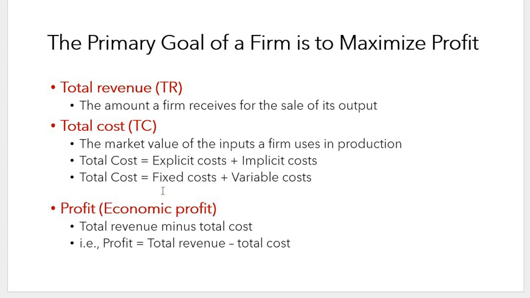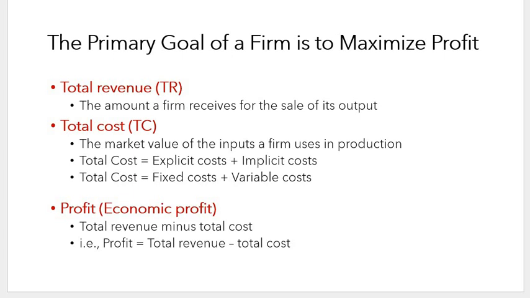To begin with, we need to set the stage for this whole chapter: in microeconomics, we always assume that the primary goal of each firm is to maximize its profit. This is the fundamental assumption we always need to make before we start to learn about the behaviors of firms.